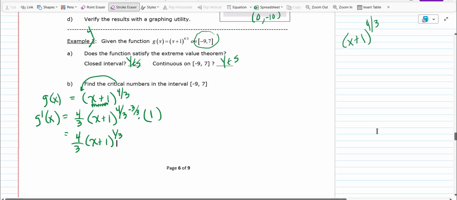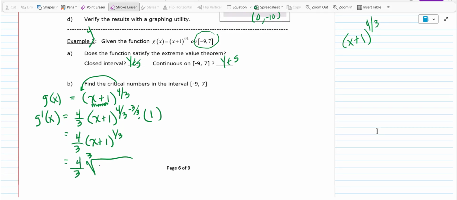Now, one of the reasons I always like you to change things back into radicals is because of what we do when we find a critical number. So I would go ahead and change that to 4/3 times the cube root of x plus 1. Okay, now there's going to be some algebra issues. When you set your derivative to 0, there may be some issues that pop up from time to time.